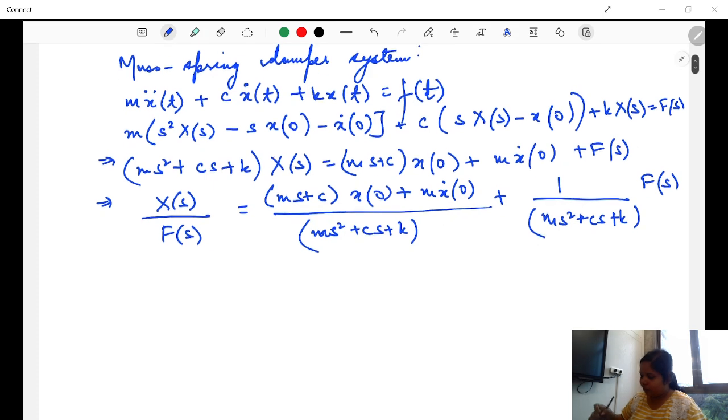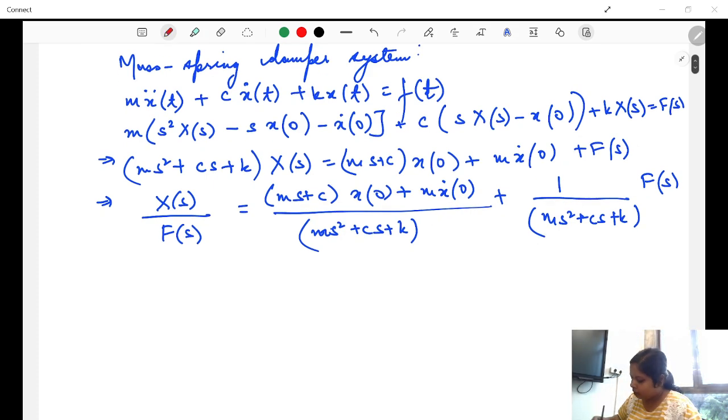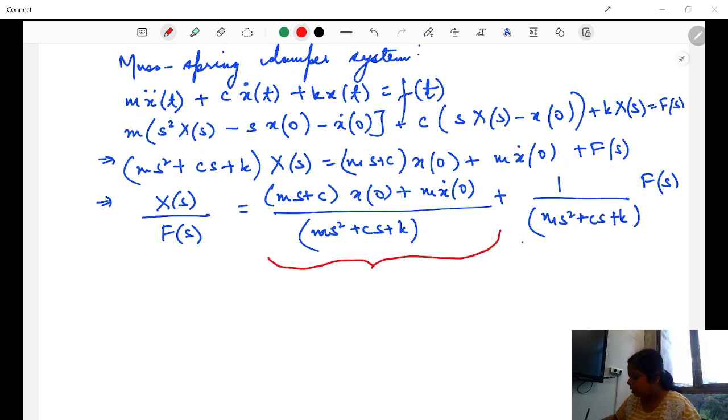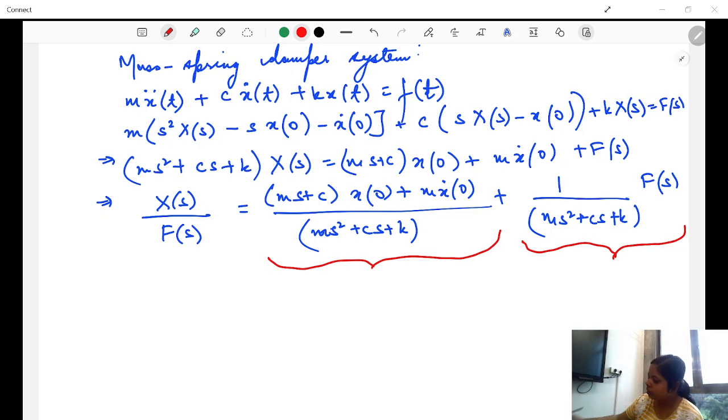So when you write in this way, there are two terms basically. This first term you have got from the initial condition, and this second term you have got from the input, some forced input. Because the first is from the initial condition, due to natural non-zero initial conditions of the system, it is known as free response.